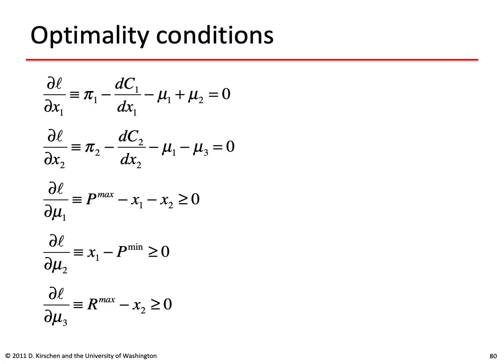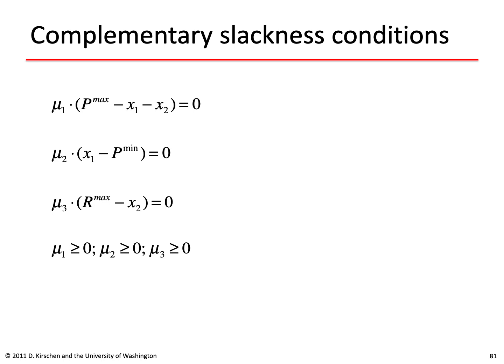And the last 3 correspond to the partial derivatives of the Lagrangian with respect to the Lagrange multipliers mu1, mu2, and mu3, and those simply give us the inequality constraints. Now, because we have inequality constraints, we also must have the complementary slackness conditions, which essentially say that these inequality constraints are or are not binding.